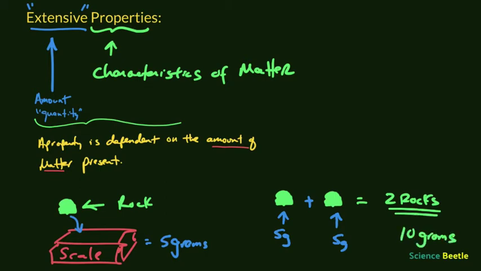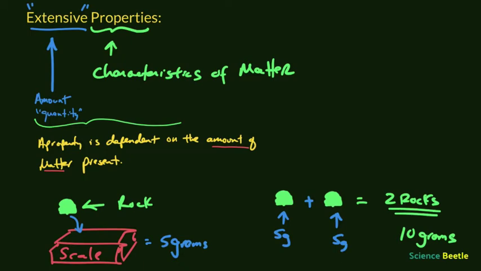So naturally, if you increase the amount of matter, here's one piece of matter, here's another, assuming they're the same size, the mass is going to increase by the number of pieces I have present, so the quantity changes. In this case, the quantity doubled. You have 2 rocks present instead of just one. Therefore, the mass is going to increase.